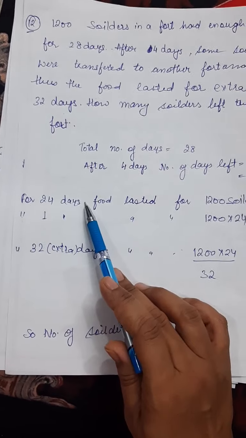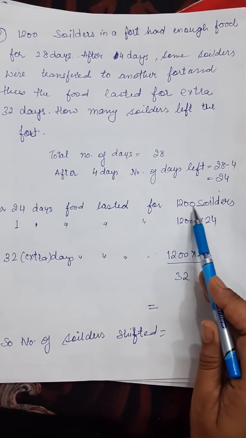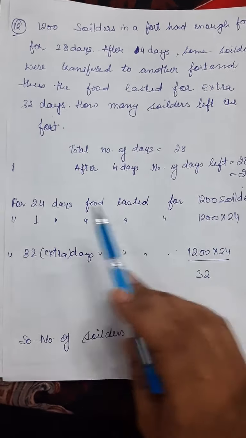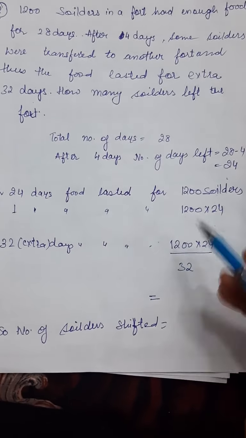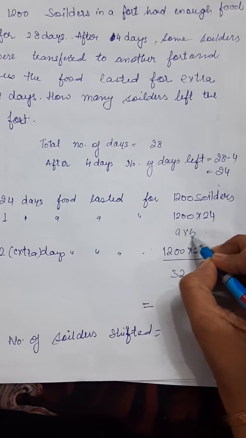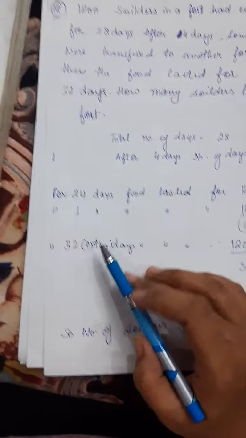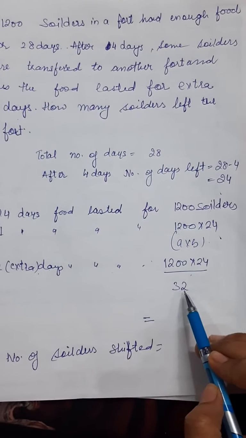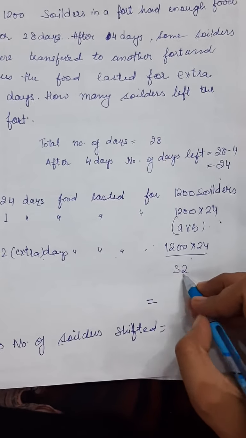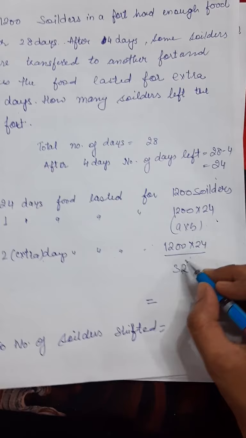For 24 days, the food lasted for how many soldiers? 1200 soldiers. For 1 day, it will be 1200 multiplied by 24, as it is an inverse relationship, A into B. If the food is lasting 32 days, how many soldiers are actually there? Now we are going to cut them and find out.